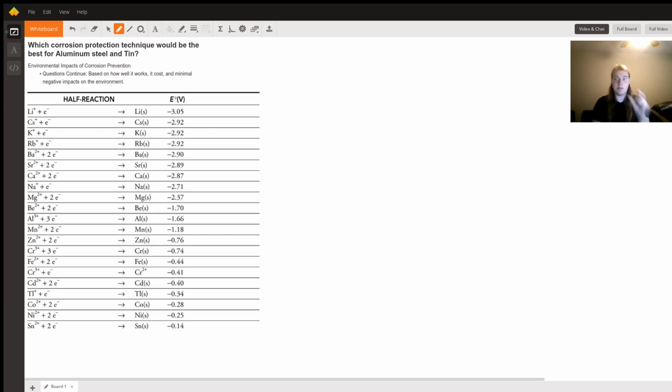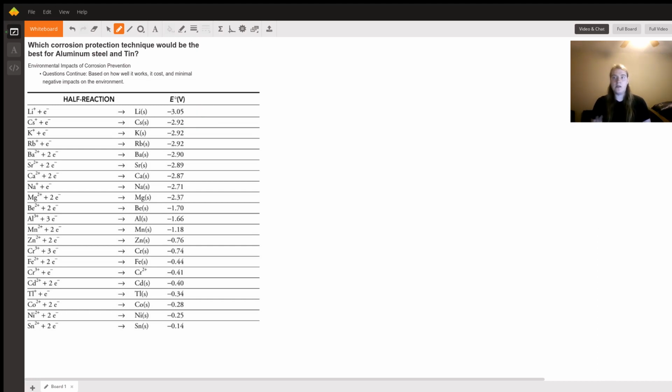Because when you take a piece of lithium metal and throw it into water, it starts burning and exploding because it just wants to be lithium plus. So something that doesn't want to be reduced can conversely be viewed as something that wants to be oxidized. Anything with a more negative number is more easily oxidized.